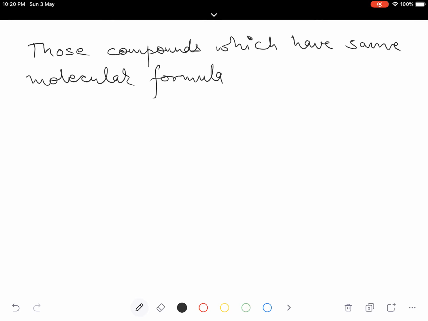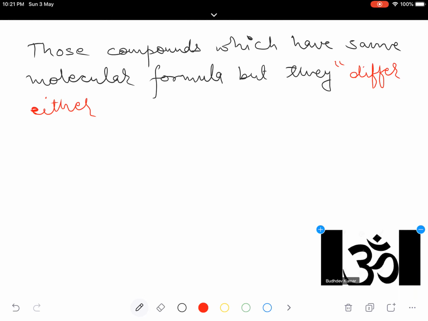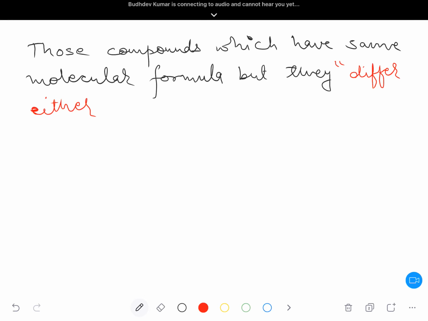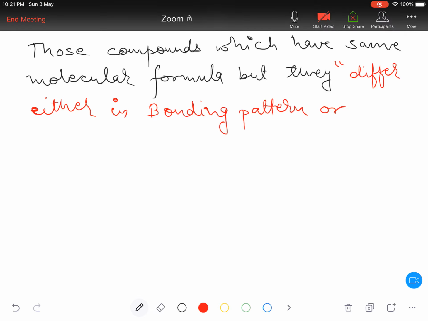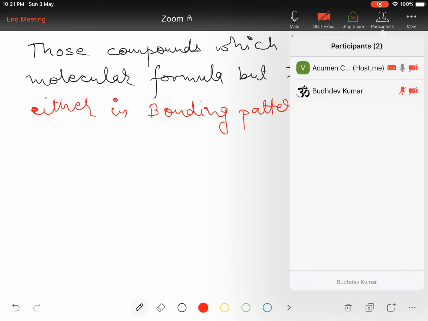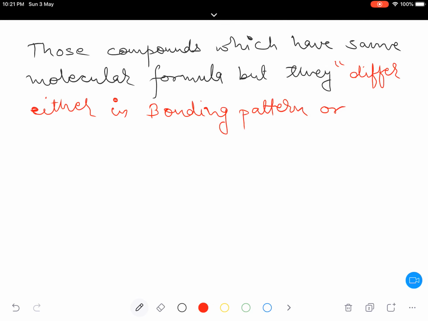This part remains constant, same molecular formula, okay, but they differ either in bonding pattern, or this is one of the differentiating factors.